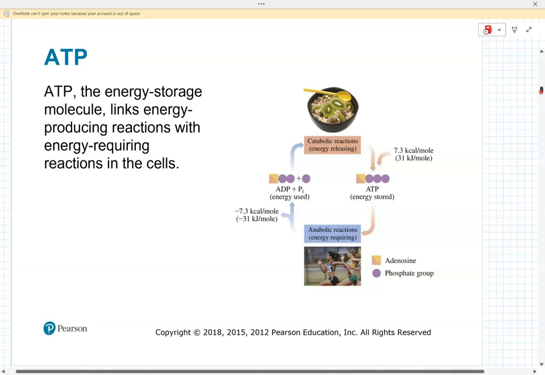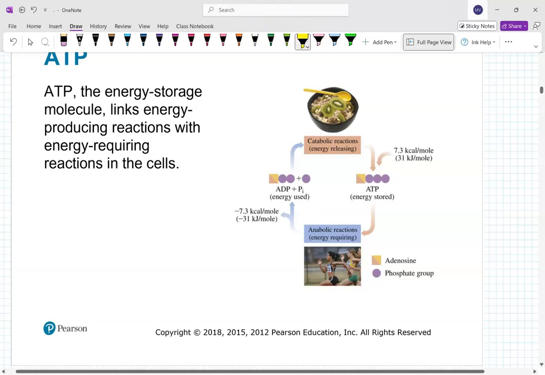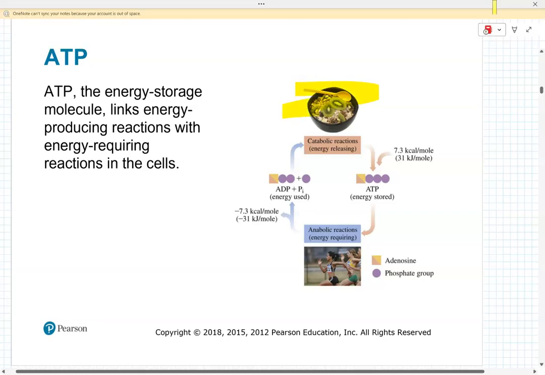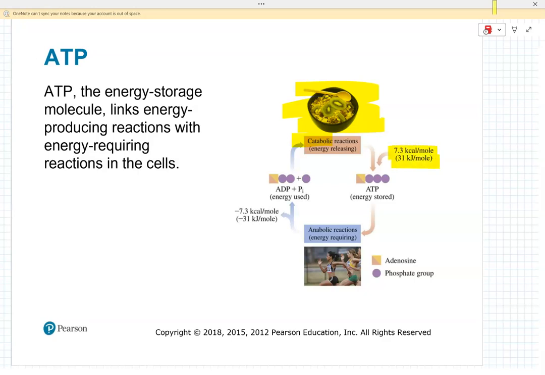Okay, so we can describe the flow of energy in the cell the following way. Look at the illustration on the right. So you consume food. Catabolism of food, breakdown of food, releases energy. This energy is used to produce ATP.